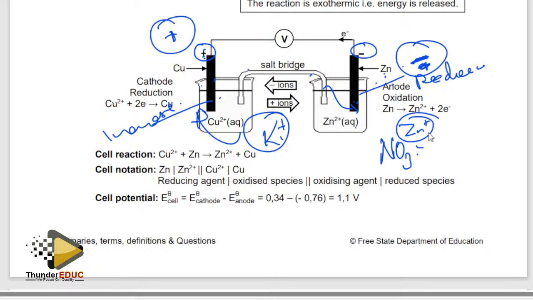And then number two, because this substance is dissolving, while this one is being used up, this one is going to become pale. Why? Because the ions which are being used up here are not being replaced. The copper ions are not being replaced. So you need to know that when it comes to the galvanic cell.